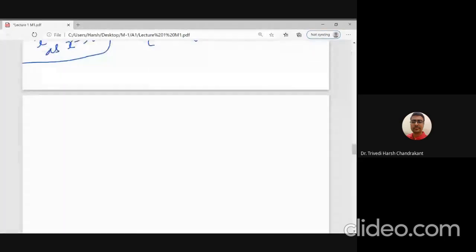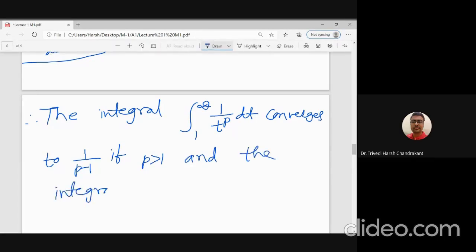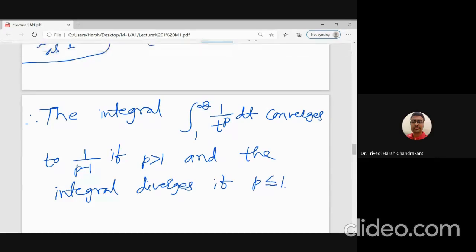So what we finally got is the integral from 1 to infinity of 1 upon t power p dt converges to the number 1 upon p minus 1 if p is greater than 1, and the integral diverges if p is less than or equal to 1.